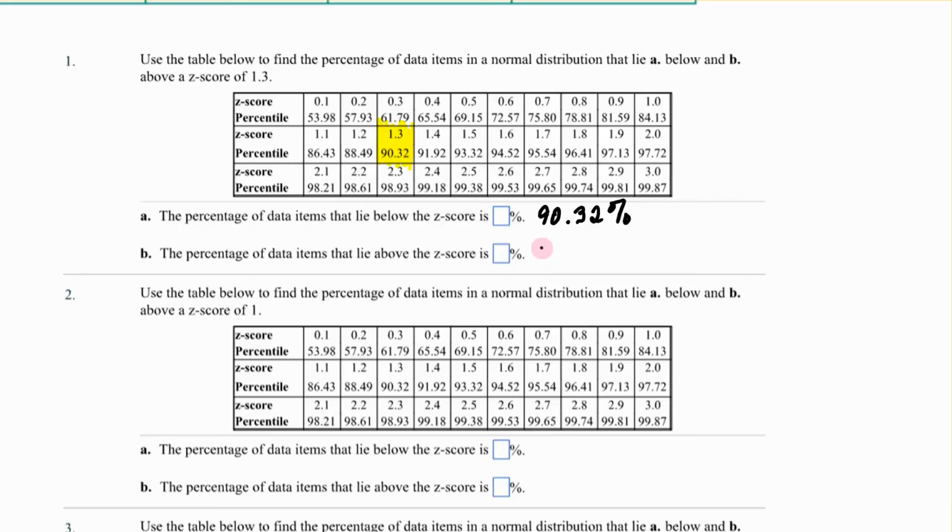So if you take all 100% and you subtract the ones that lie below that, you will get 9.68% above. So 90.32% are less, and only 9.68% are above.